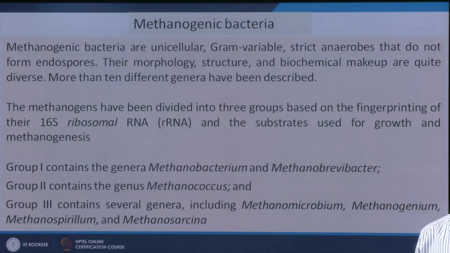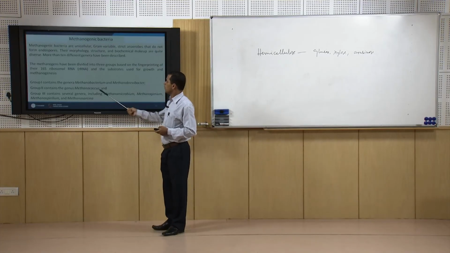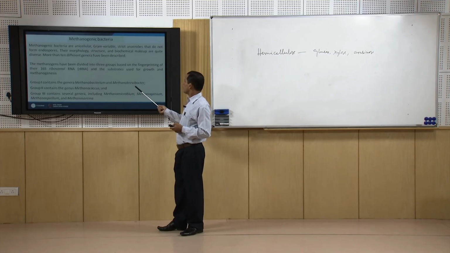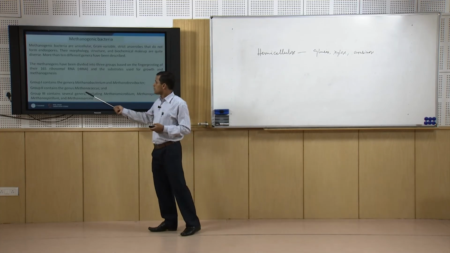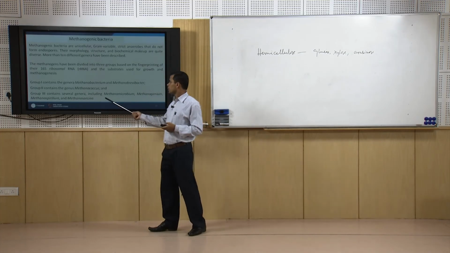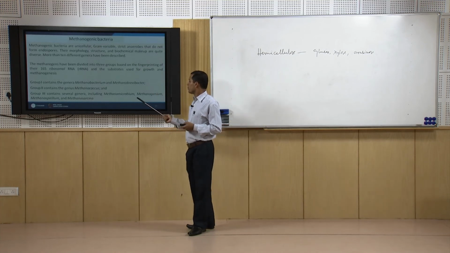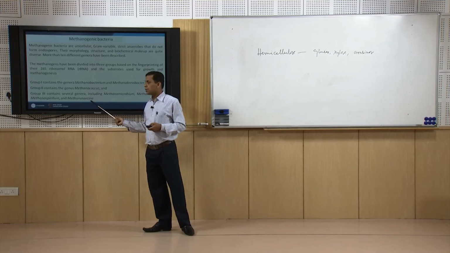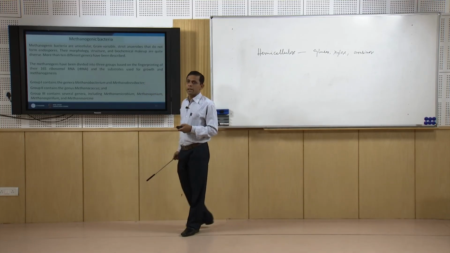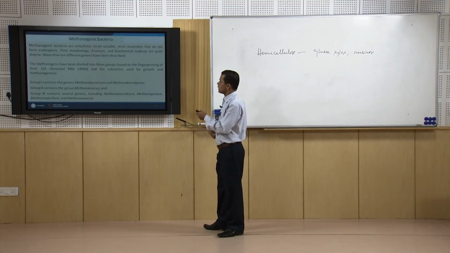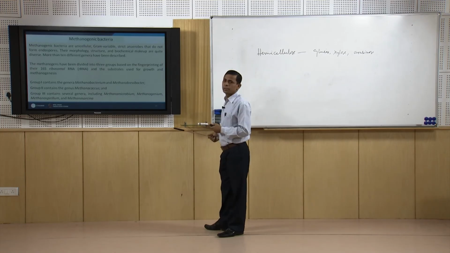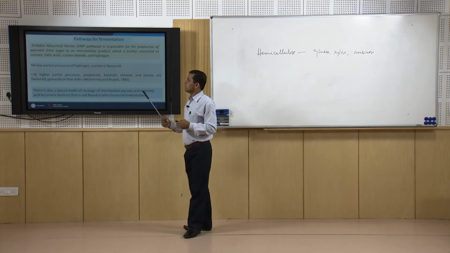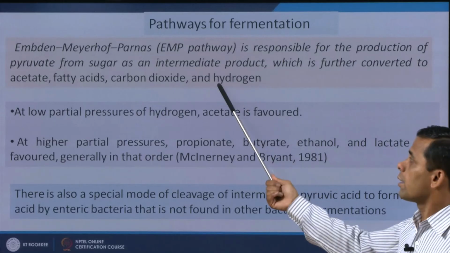The first group includes methanobacterium and methanobrevibacter, the second is methanococcus, and the third group generally includes methanomicrobium, methanogenium, methanospirillum and methanosarcina. So, these are the different types of microorganisms which are responsible for the methanogenic phase, and this is the pathway through which the acids are formed.